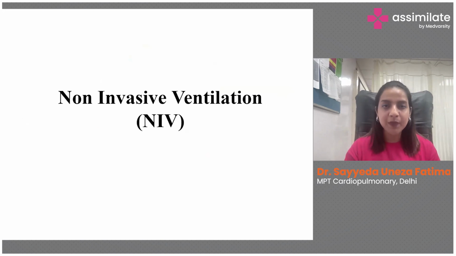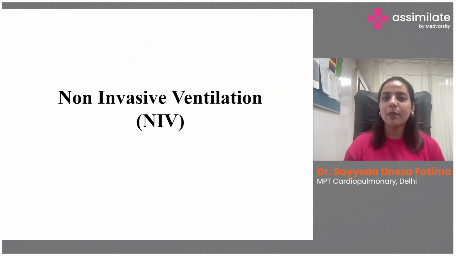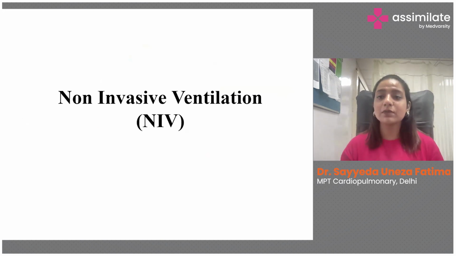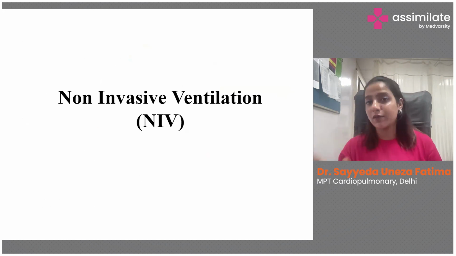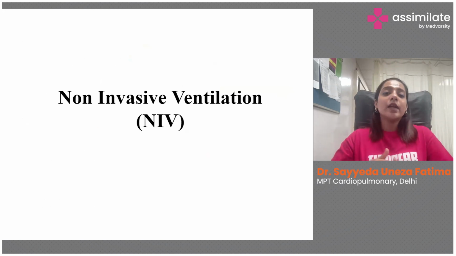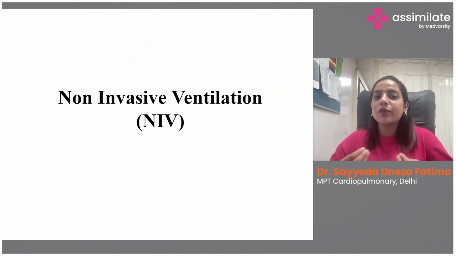PO2 is measured, the cause is identified and corrected, and then the patient becomes better and the oxygen requirement is reduced. In order to give the oxygen, there are low flow oxygen delivery devices and high flow delivery devices, depending upon the patient's requirement of oxygen.